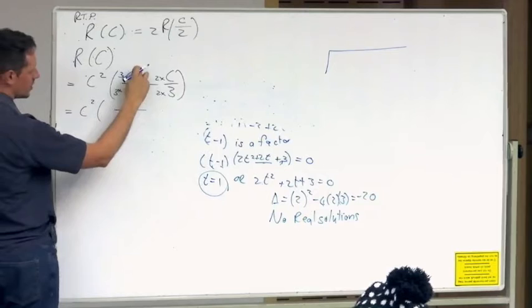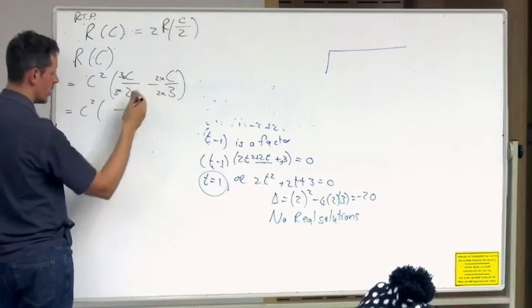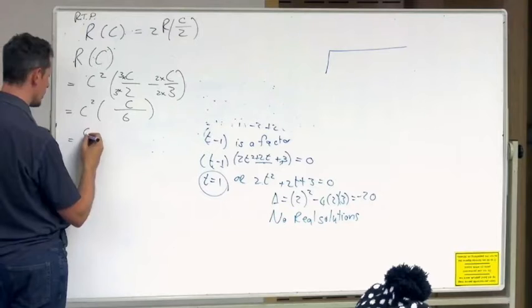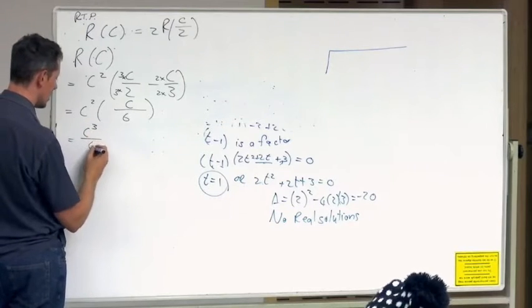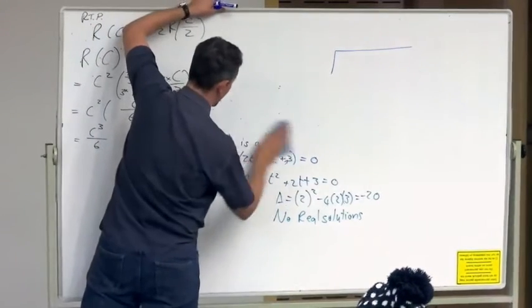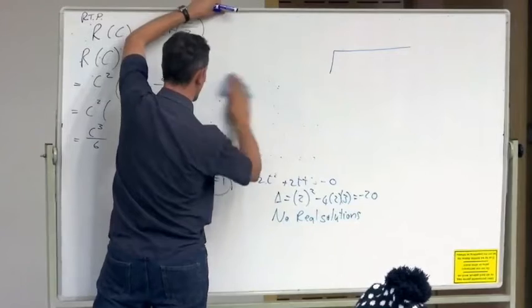So it's 3C minus 2C, which is just 1C. So this leaves me with C cubed over 6. Is everyone all right with that? Okay. Now I have manipulated the left-hand side completely.